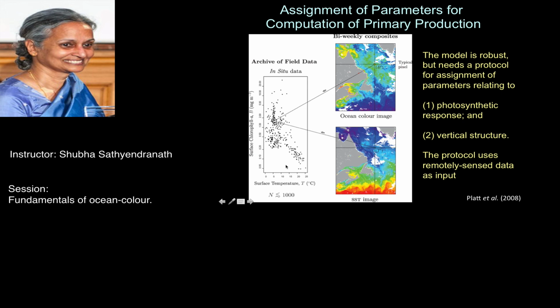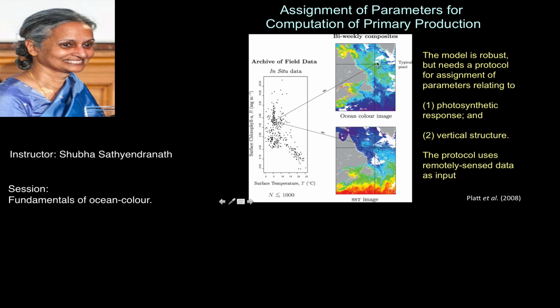We create a database of all the parameters and then associate each of those parameters with proxies of the ecosystem that you can detect from satellite. In this case, surface temperature and surface chlorophyll, and then also what's not shown here is the time or the season at which these measurements are made.